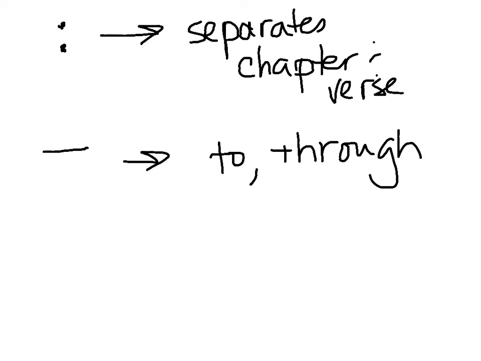So Genesis 1 hyphen 2 means read chapter 1 through chapter 2. A comma means and. So that will help you figure out all of the different Bible passages that we will be using this semester.